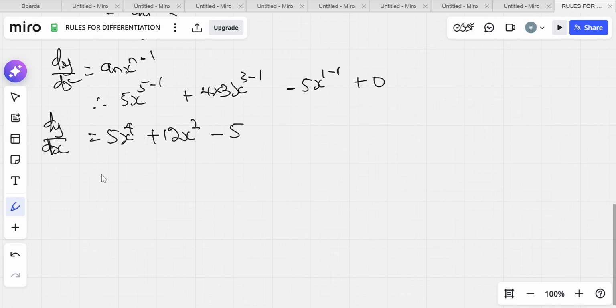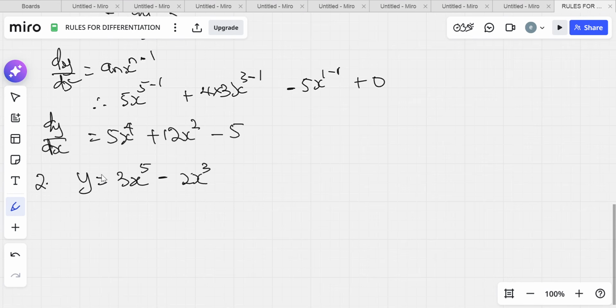Okay, now let's look at another example in sums and difference. Let's look at another example. The function y is equal to 3x raised to the power 5 minus 2x raised to the power 3.